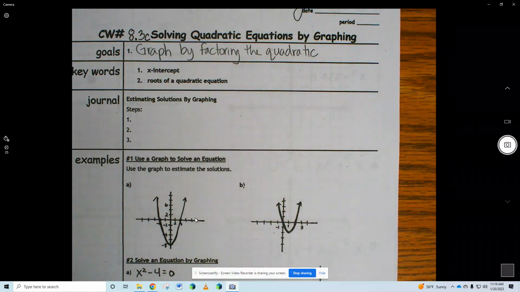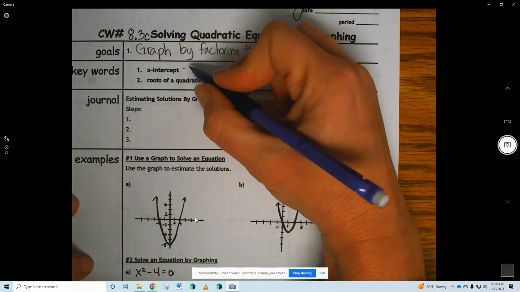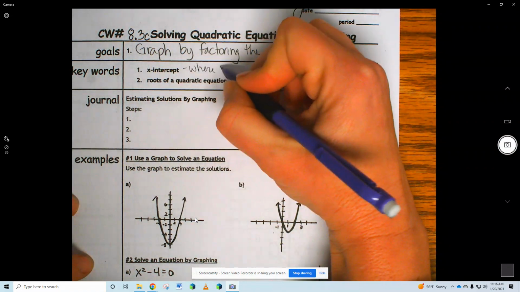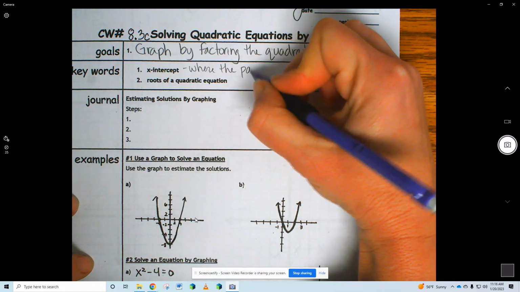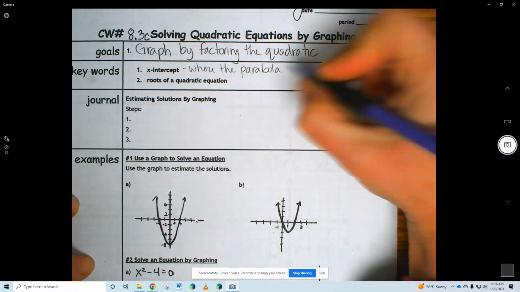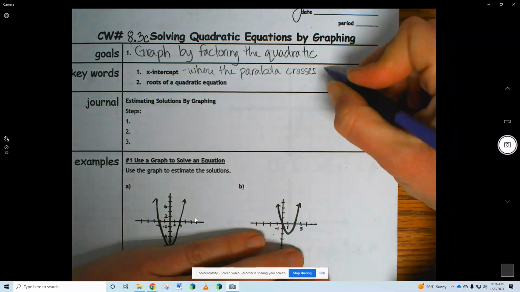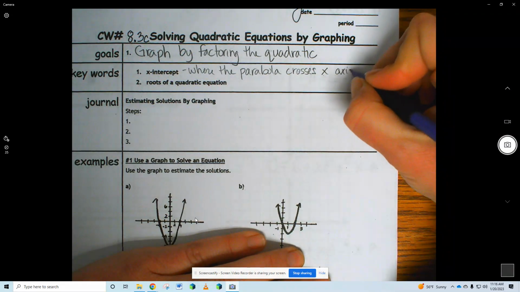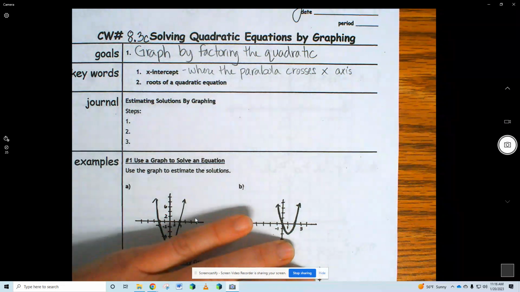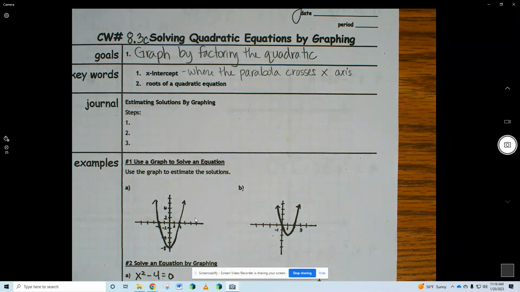All right, so an x-intercept, the definition, we talked about that earlier in the week, is where the parabola crosses the x-axis. All right, the roots of an equation.